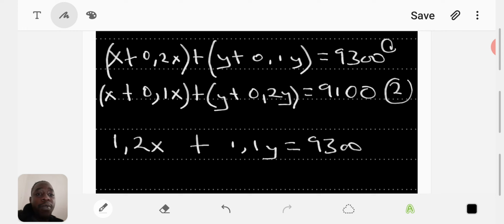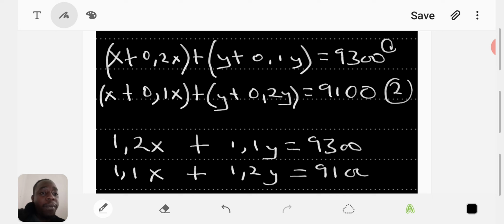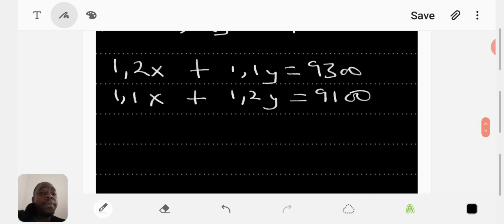Then the second one will be 1.1x plus 1.2y equals 9,100. There you go.